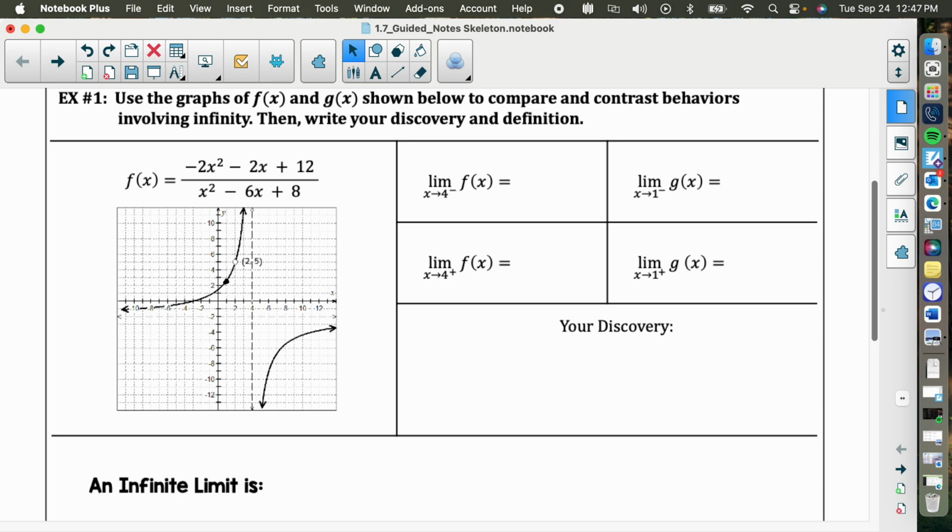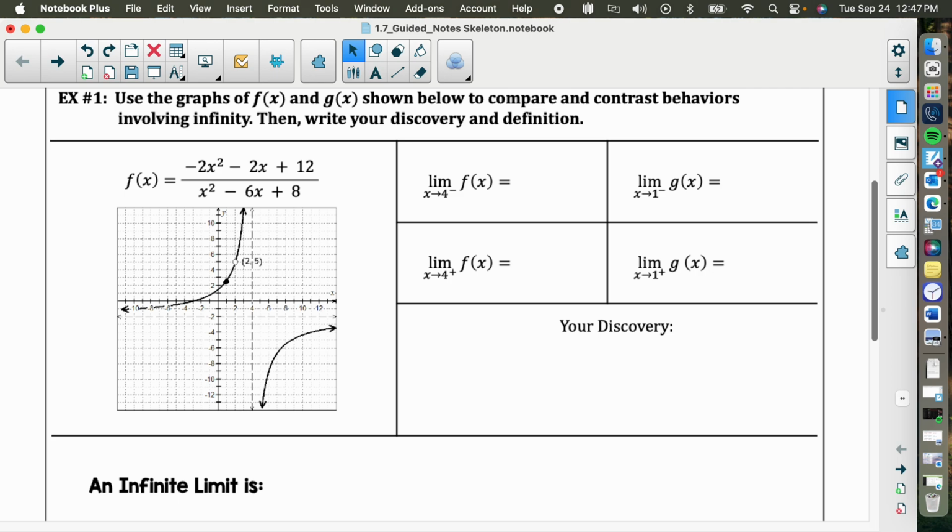Just put 1 in place of x. So we have 1 from the left and 1 from the right. To be honest, we don't need to do those from the left and right because 1 is on a continuous part of this function. If it's on a continuous part of the function, you can just put 1 in place of x and get an answer. The only numbers that we can't put in place of x are 2 and 4. So for 1, what would we get?